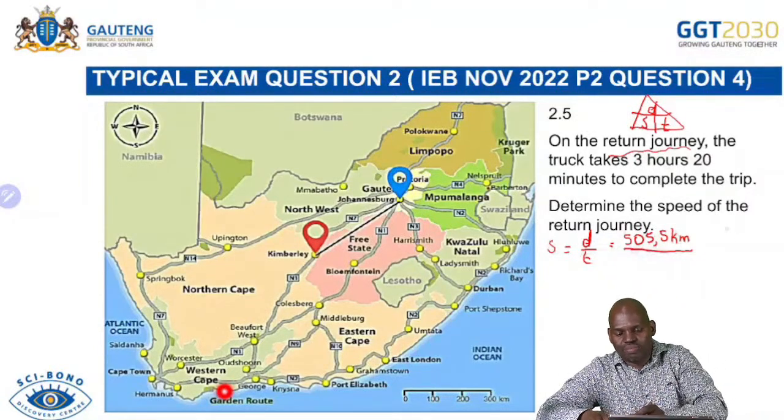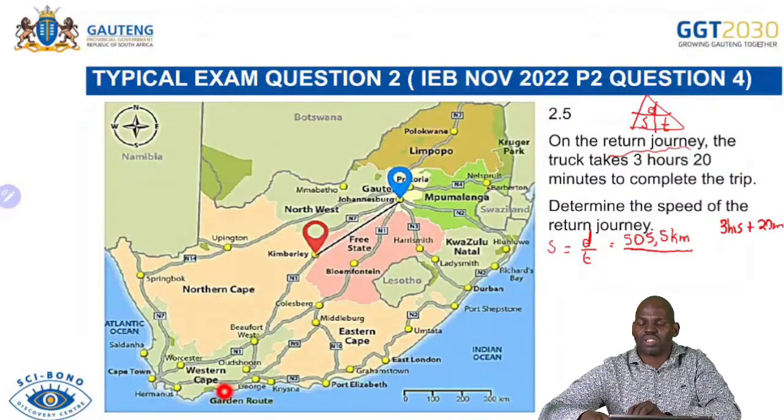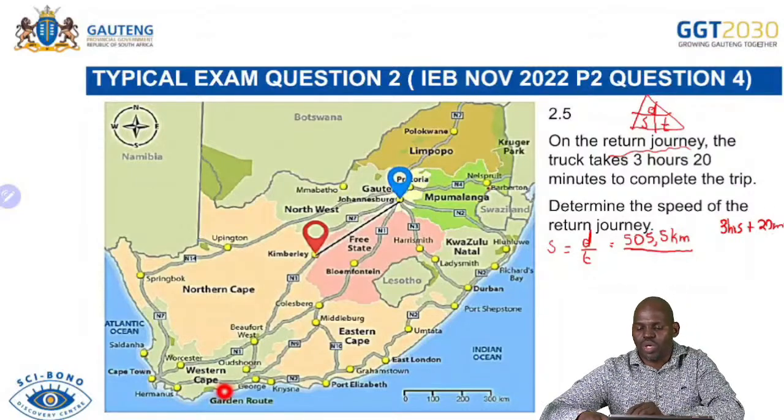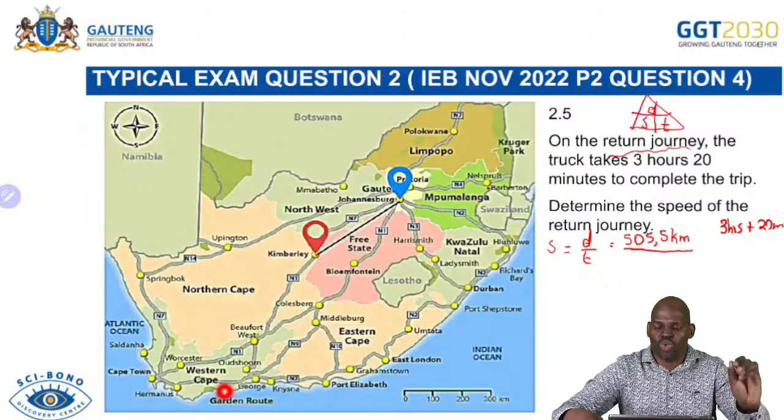We've got 3 hours and 20 minutes. So it's plus 20 minutes. Those 20 minutes, we need to convert them to hours. Now we know that 20 minutes do not make an hour, but they make a fraction of an hour.